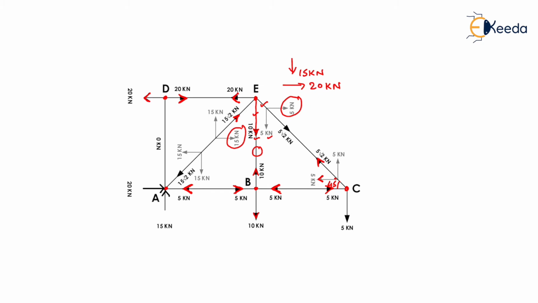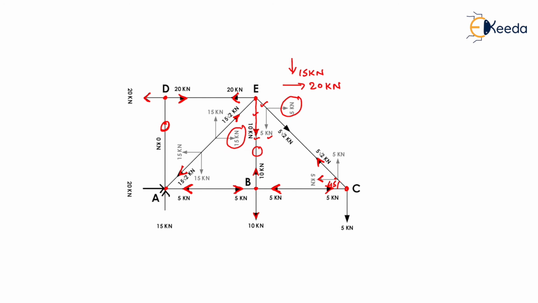Now at joint D, there will be only one horizontal force acting in the rightward direction. To maintain the equilibrium of joint D, we need to create a horizontal force of 20 kilonewton like this. Now at joint D, there will be no force acting in the vertical direction. So the total vertical force in member AD will be equal to what? 0. Now to maintain the equilibrium of member AE, we need to create a 15 root 2 kilonewton force like this. Now at joint A, there will be two horizontal forces.